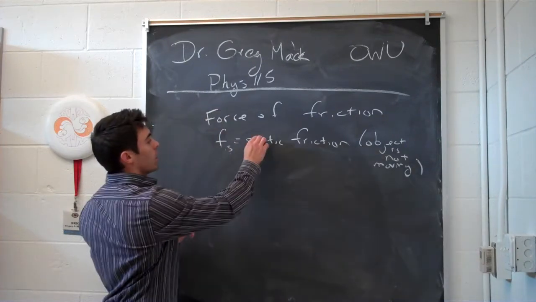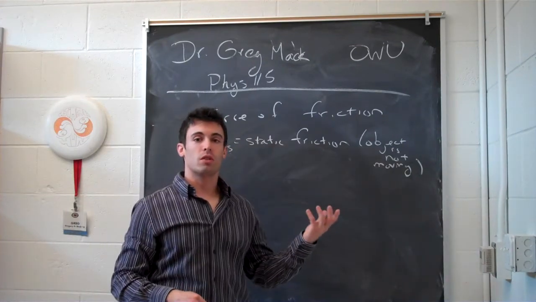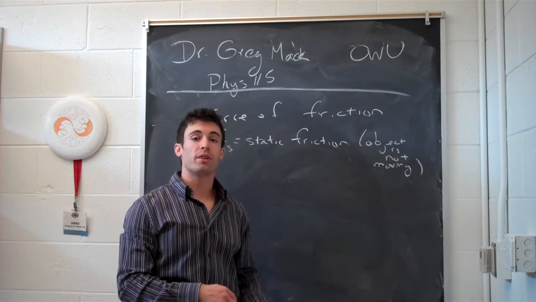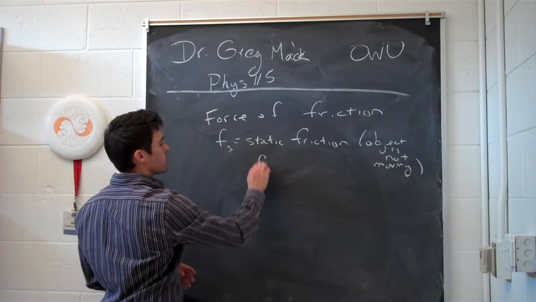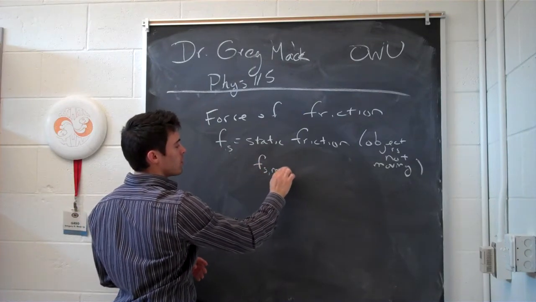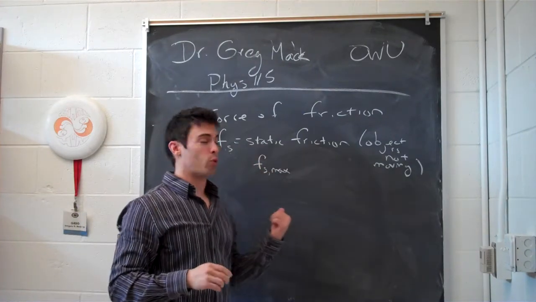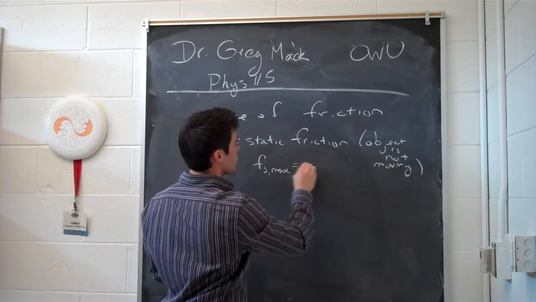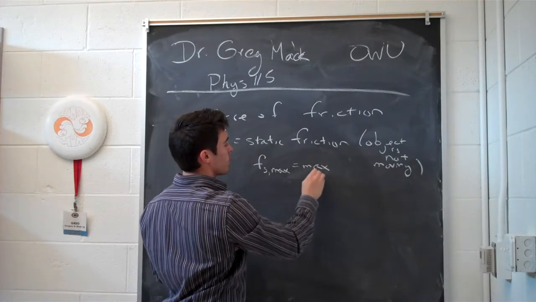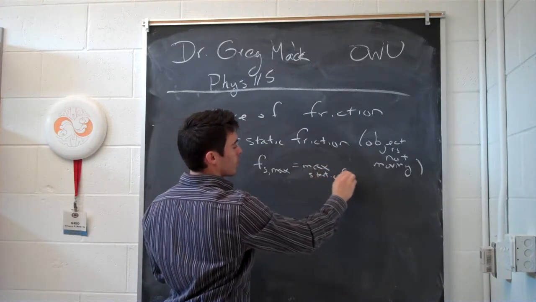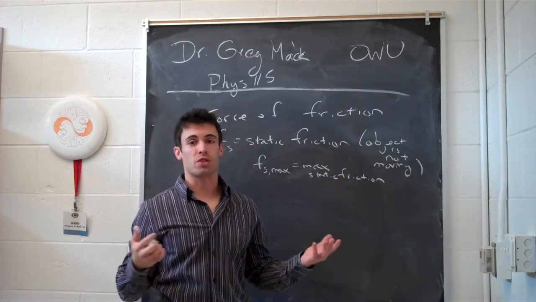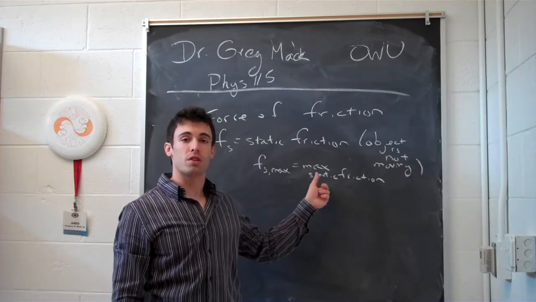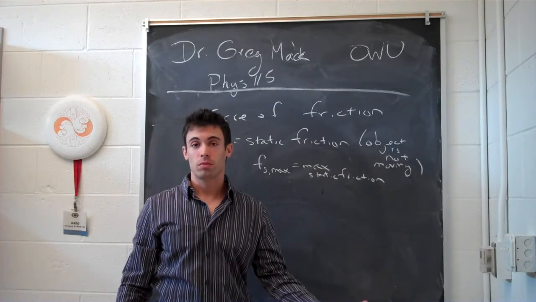And the static friction will build as a number up until a maximum value when you can finally push it and make it move. So Fs max is the maximum value of that force. And so if you exert a force bigger than this force, then the object is going to move. Okay?